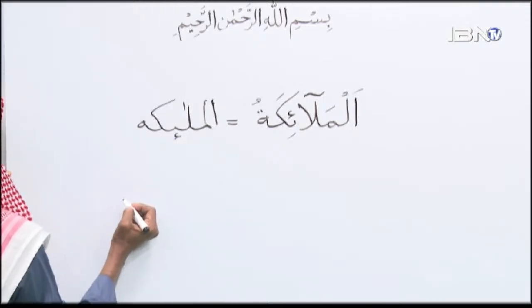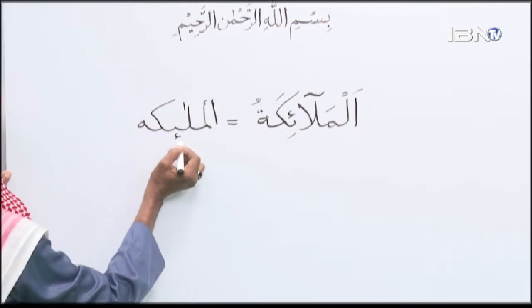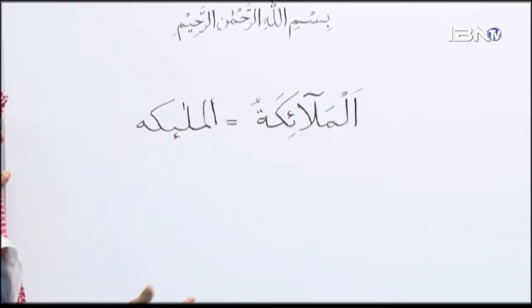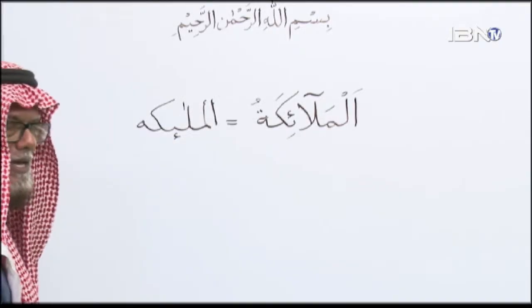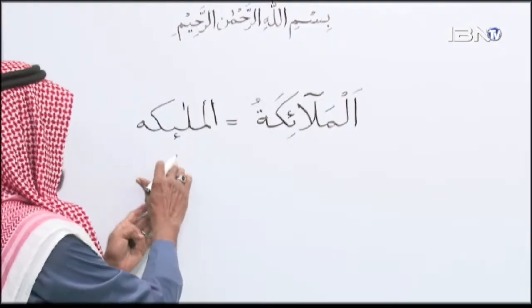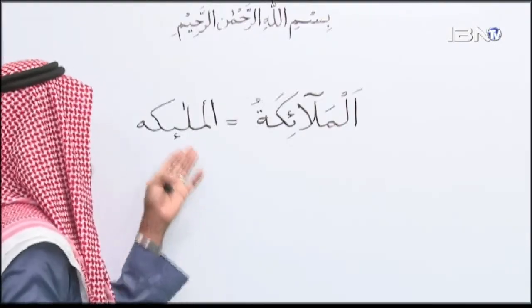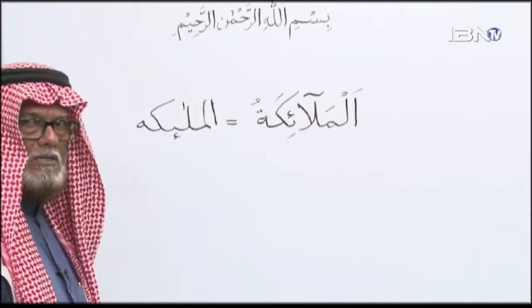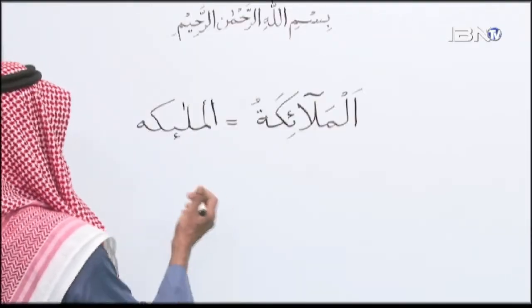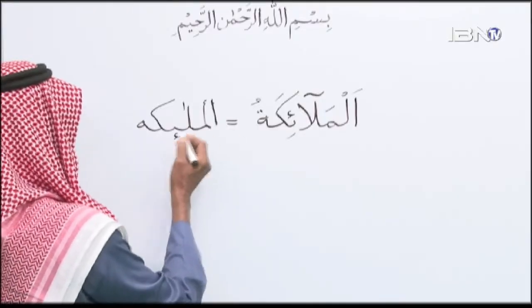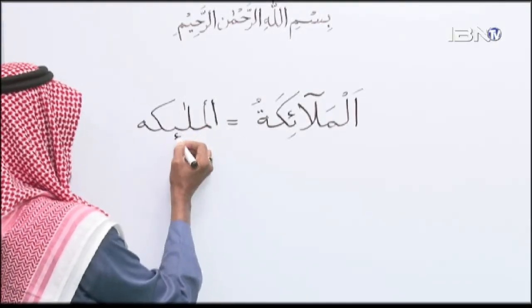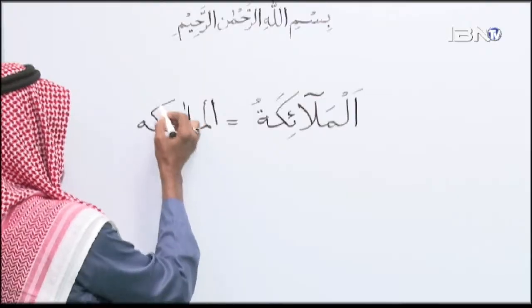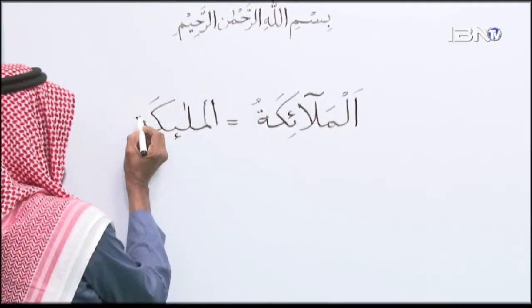So if the Hamza is below, it indicates that it is a kasra. As long as it is below, it is kasra. If the Hamza is above, it can either be a fatha or a dhamma, the A sound or the U sound, or O or U. But if it's below, it's the E or the I. Okay, and then we have the two dots here.